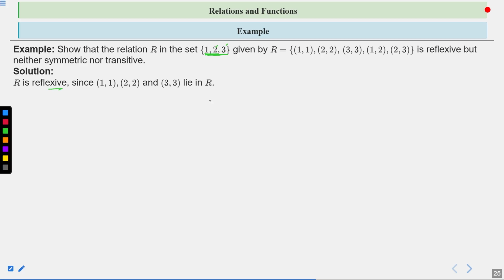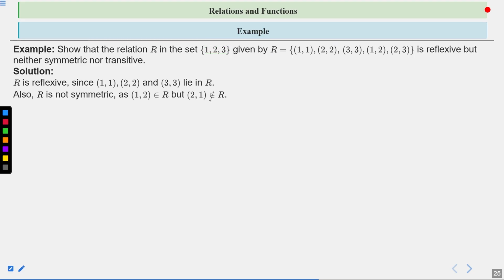For each element, always see that if a belongs to the domain set, then (a,a) must belong to the relation R. If for all elements it is happening, then your relation is reflexive. As you can see, we have three elements 1, 2, 3 and we have pairs (1,1), (2,2), (3,3). So by the definition it is reflexive.